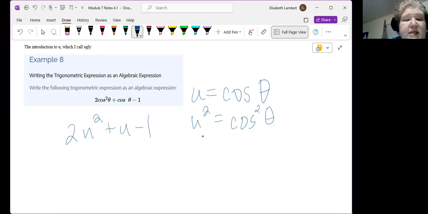Here, a times c is negative 2u squared. So I can get negative 2 by multiplying a positive 2 and a negative 1. So that is what I'm going to split my middle term into. So let me just write what I was thinking.